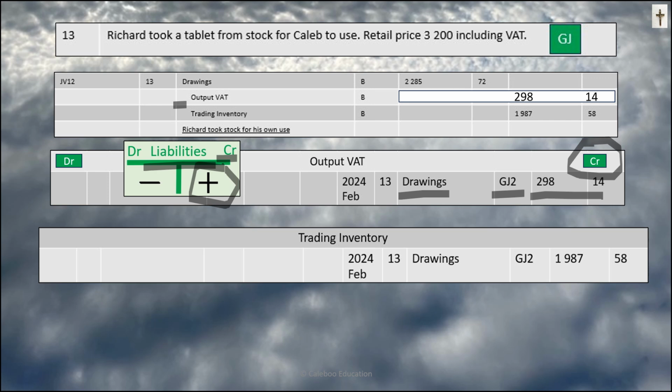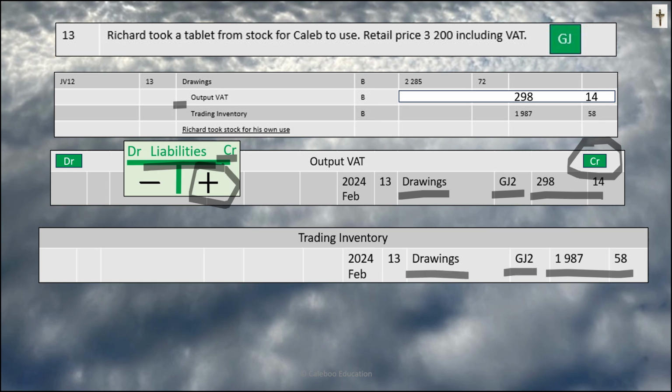Trading inventory, the tablet has left the building and now is in the hands of Caleb, and that is the historical cost price excluding VAT of the stock that was withdrawn from Calibu Education. The contra account is drawings. Where did we get the information from?